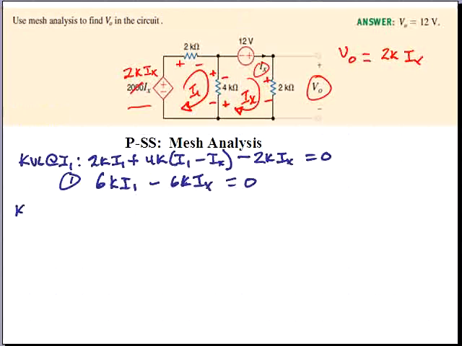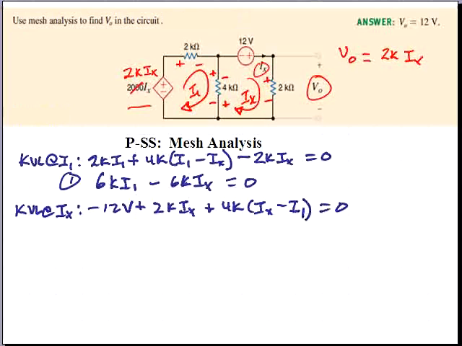Now we'll do a KVL around the mesh IX. We have a minus 12 volts for that independent source, plus 2K IX plus 4K times (IX minus I1) is equal to 0.